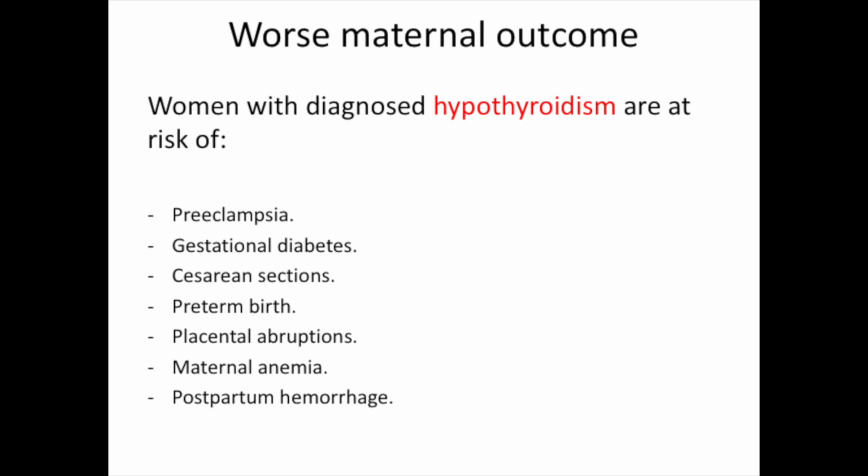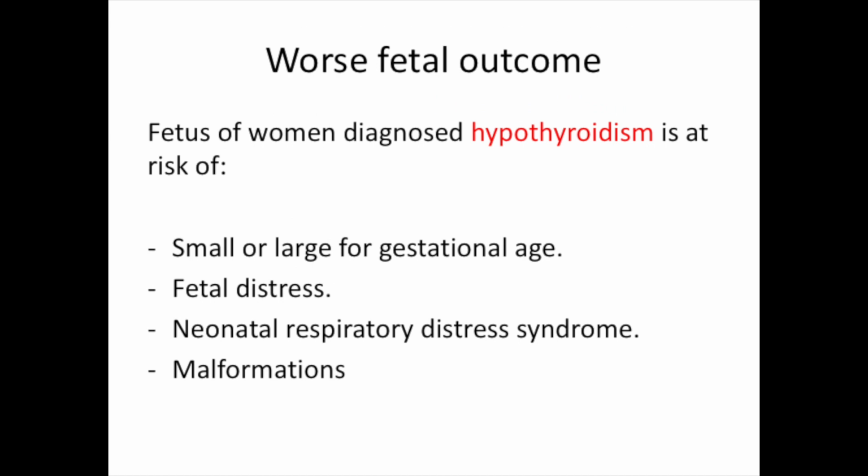So significant complications in pregnancy can happen to the mother if we don't diagnose and treat her hypothyroidism. What about the baby? What are the worst fetal outcomes that can happen to the baby? Fetuses of women diagnosed with hypothyroidism are at risk of being small or large for gestational age.